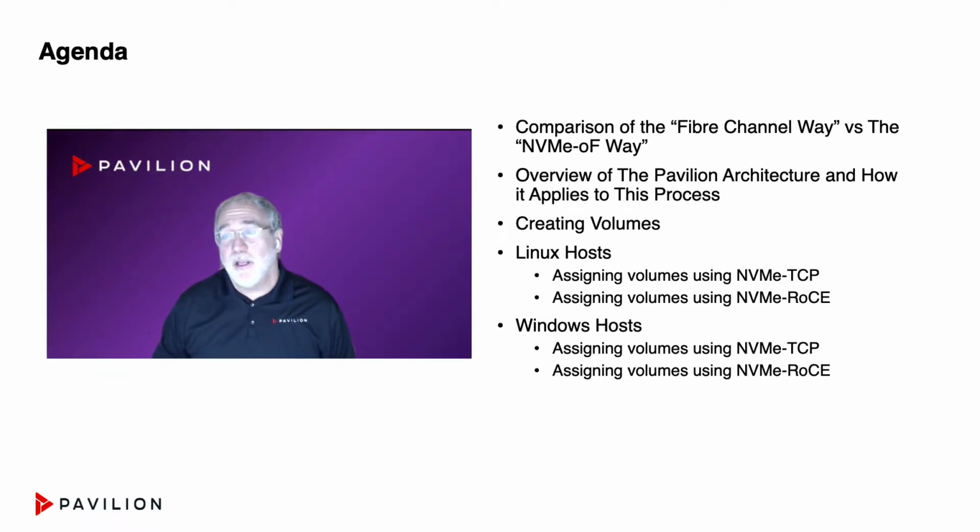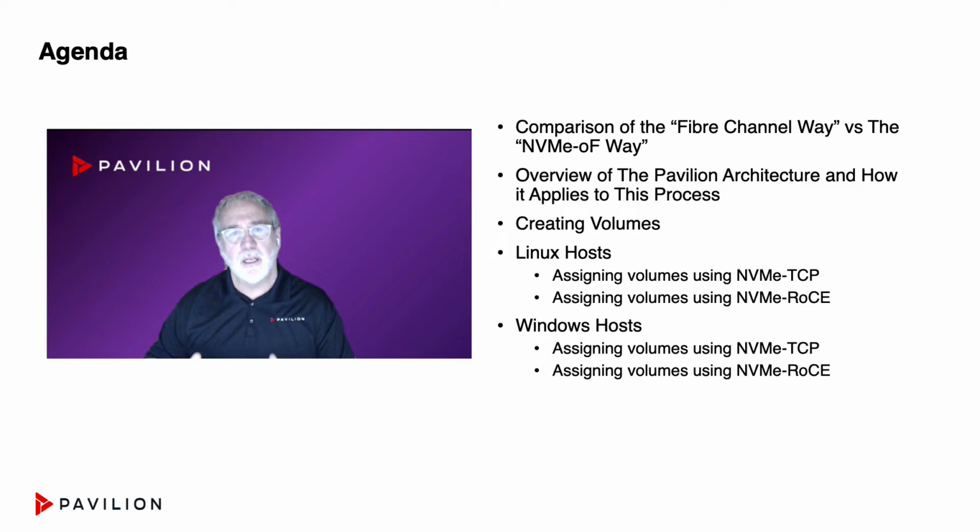So in today's video, we're going to do a few things. First, we're going to start with a comparison of how you provision using the Fibre Channel way versus this newer, modern way of NVMe-over-Fabric. We're going to give you an overview of the Pavilion architecture and how it applies to this process. And then as part of the actual demonstration, we're going to create the volumes on the Pavilion hyperparallel storage array.